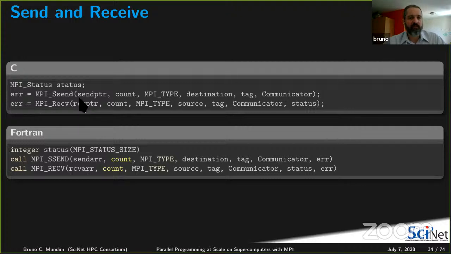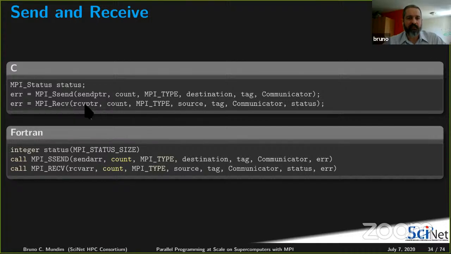That's the signature of the basic send and receive MPI calls, MPI functions. You send a pointer to the block of memory, and you tell MPI how many elements you're going to have, and the type, the destination task, tag, and communicator.